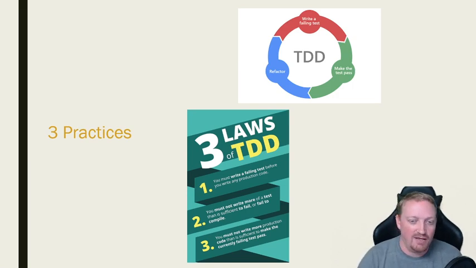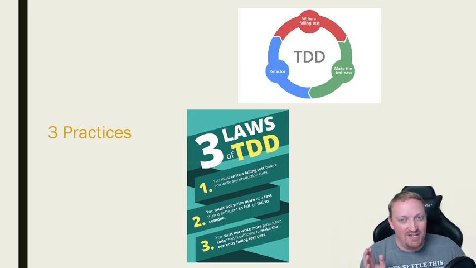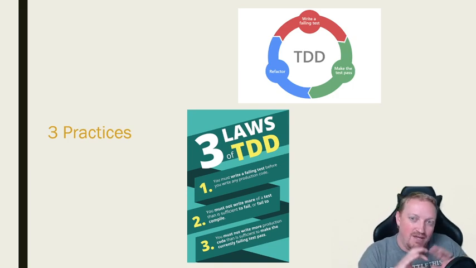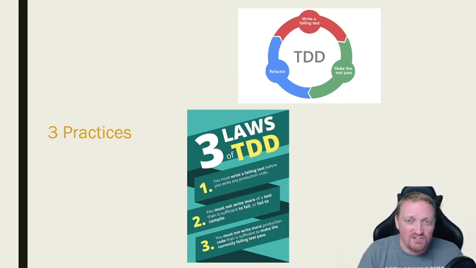And then the third law is you must not write more production code than is sufficient to make the currently failing test pass. So that means the solution that you implement needs to be very, very simple. You can't try to implement what you perceive you're going to need 20 steps down the road. You can only write enough of what you need in order to make the currently failing test pass. Now, this is going to be a little tricky for you to decide exactly what that means and exactly how much of a refactor you are allowed to do.